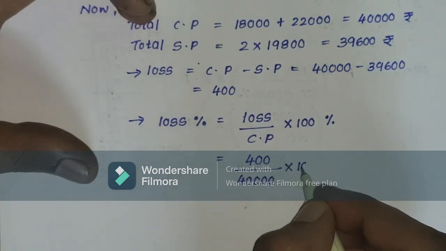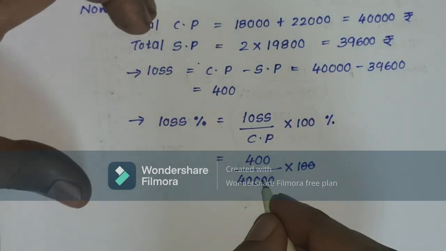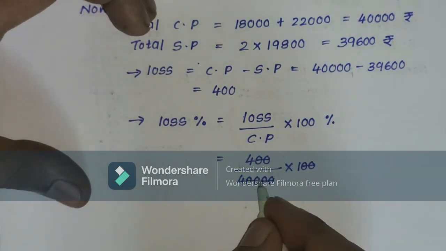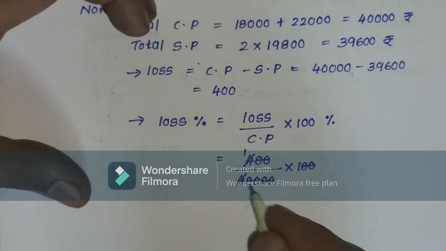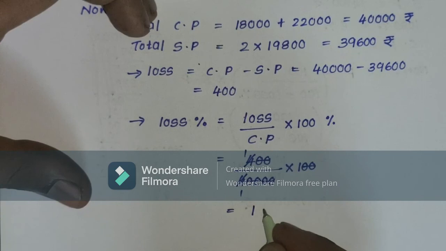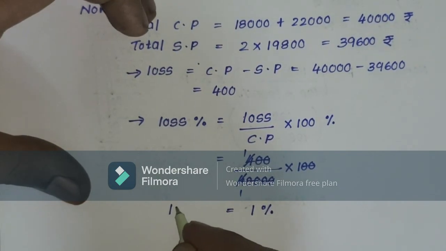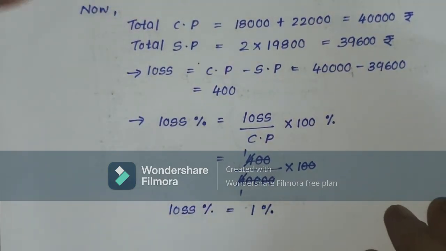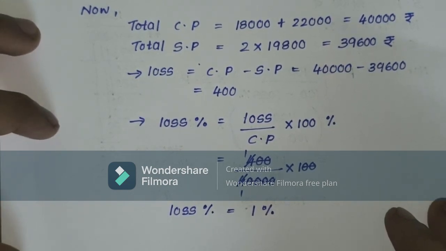And multiply by 100. So 2 zeros get cancelled from the numerator, 2 zeros from the denominator. Again 2 zeros from the numerator, 2 zeros from the denominator. 4 ones are from the numerator, 4 ones are from the denominator. That means we are going to face 1% loss in the overall transaction. Yes. So the loss percent is how much? 1%. So we are going to face a loss of 1%, students.